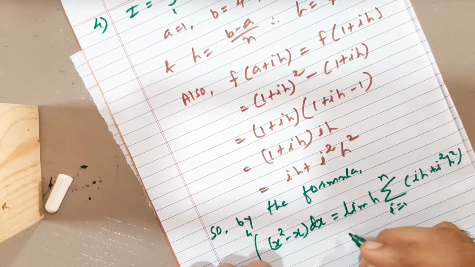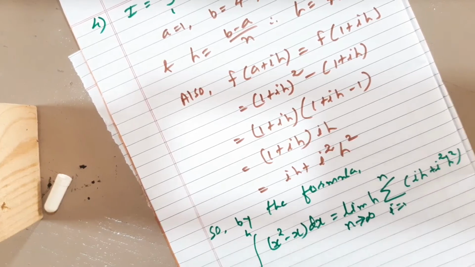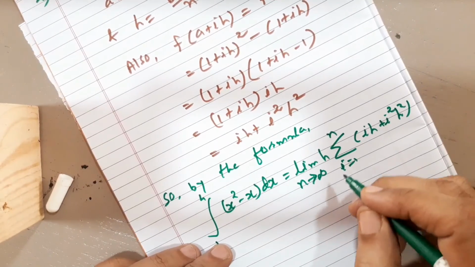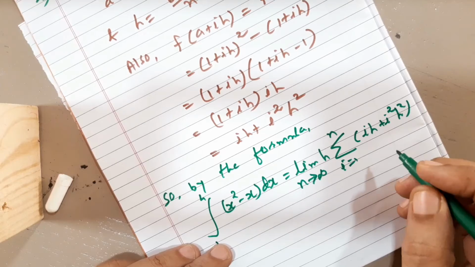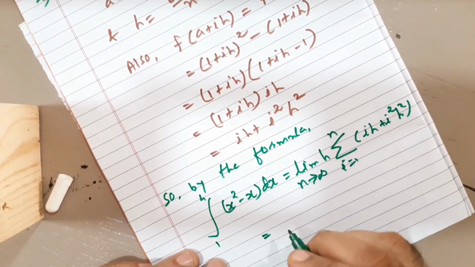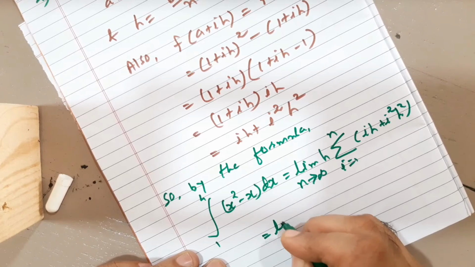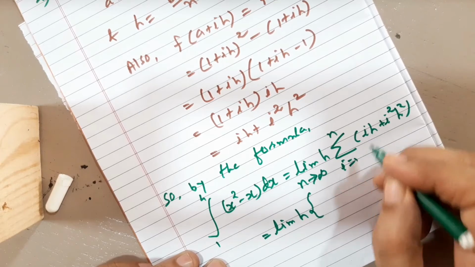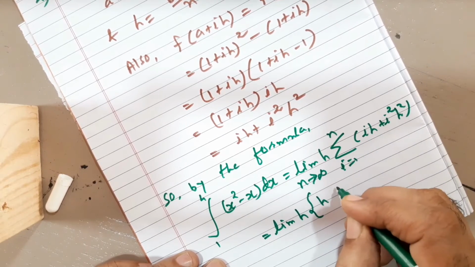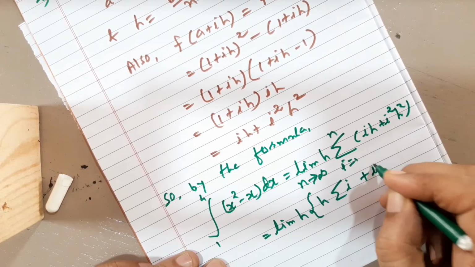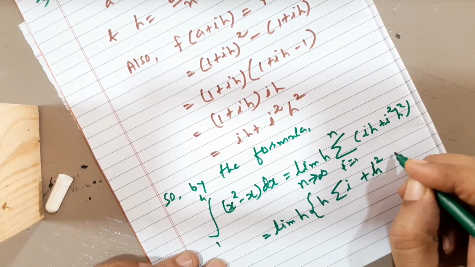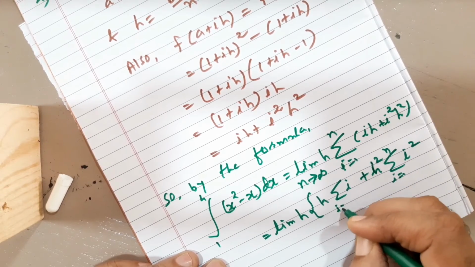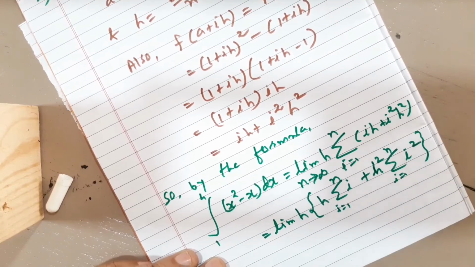Okay, either you take n tends to infinity or h tends to 0, right? Now still sigma is there, and because sigma is there you have to open the bracket and simplify sigma. So it will be limit h, and then I put a bracket, h constant, ih, so h sigma i, and plus h square sigma i square, i from 1 to n, i from 1 to n. Clear?